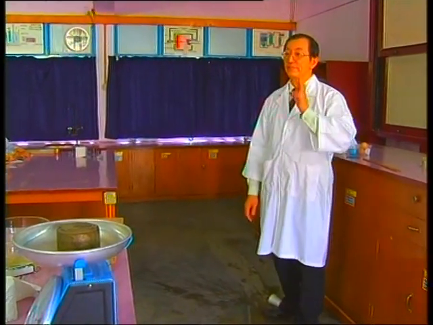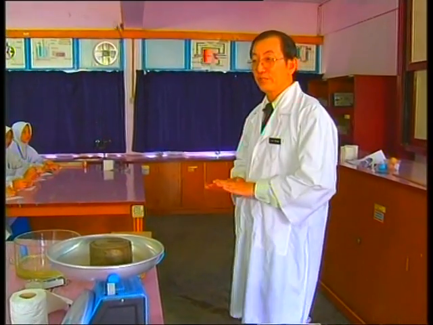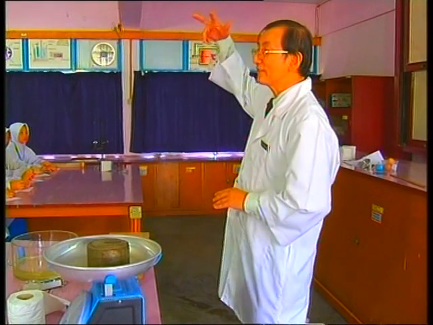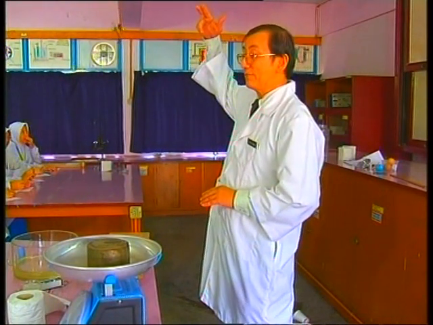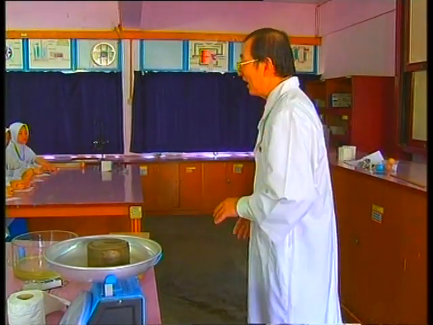Imagine when you are in a lift, standing on a weighing machine. If the cable of the lift suddenly snaps, and imagine that there's no resistance, then the lift and you will be undergoing free fall. Then there will be no reading on the weighing machine. So the reading of your weight will be 0.